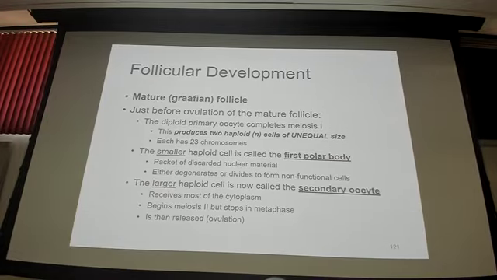Now, as we are about to ovulate, okay, the primary oocyte undergoes meiosis, it completes meiosis 1, and it produces 2 haploid structures. One of them becomes the secondary oocyte, the bigger actual oocyte, the thing that is ovulated.